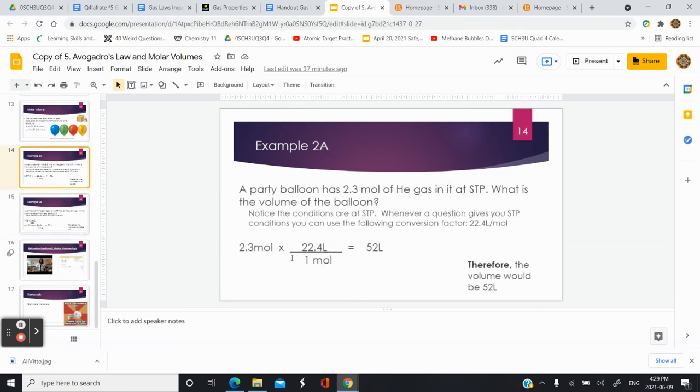You could have done the same thing over here: 2.3 moles times 22.4 liters per 1 mole, and that's 52 liters. So you can simply multiply your number of moles by the molar volume that you know, providing it's STP or SATP, and that gives you your answer as well.